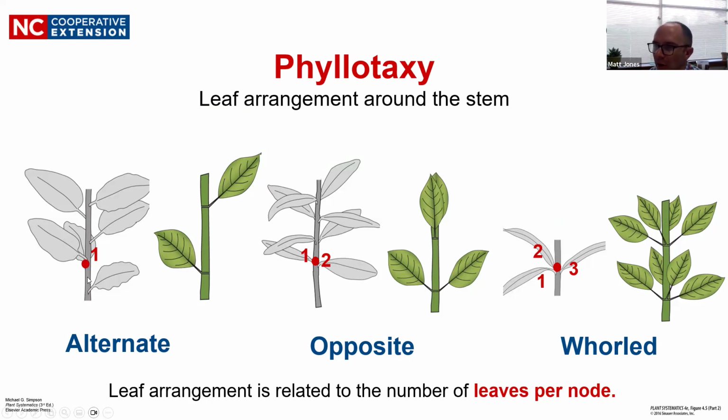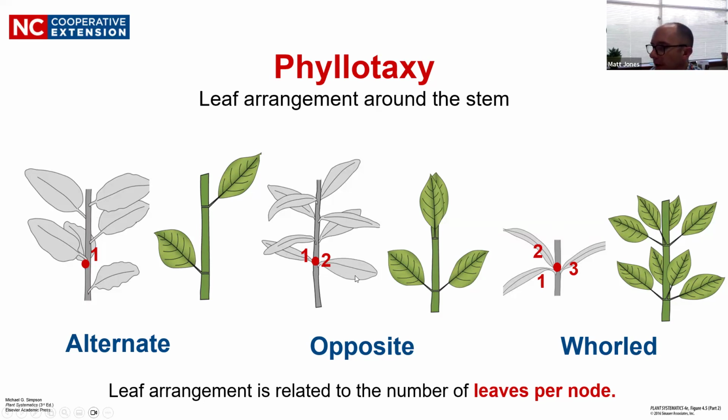So in the most common arrangement, at any one point along the stem, there's only 1 leaf. Typically, this occurs in a helical pattern, or roughly so, but not always. Contrast that to the less common opposite leaf arrangement, where there are 2 leaves at any one node.